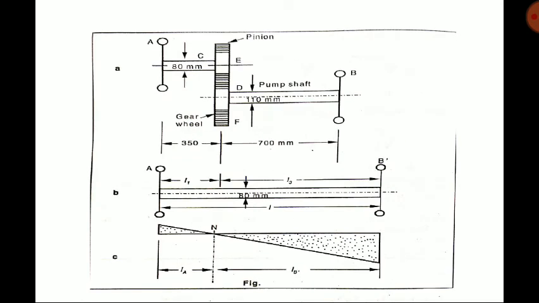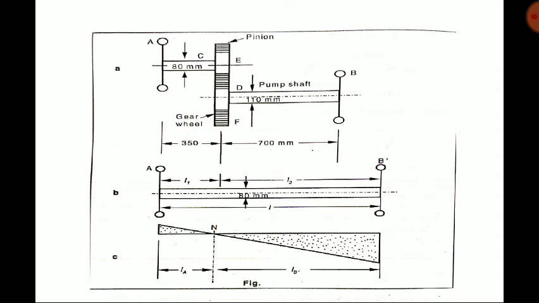Pinion, gear, pump shaft driven, motor driver, then the equivalent length figure L1 and L3, and the third one the node figure N, LA, LB. Since the moment of inertia of pinion and gear are neglected, it is a 2 rotor system.